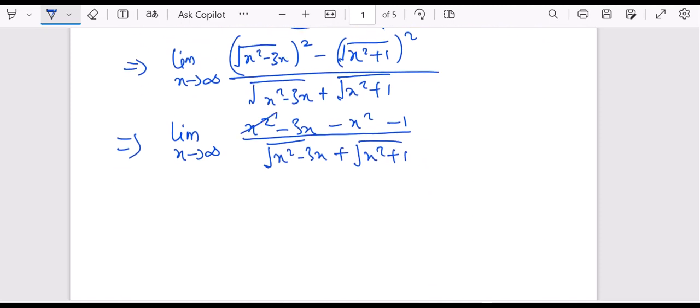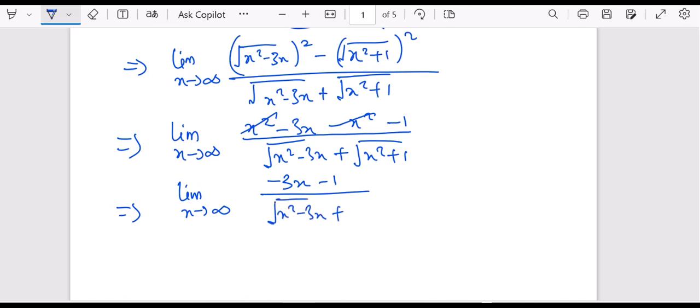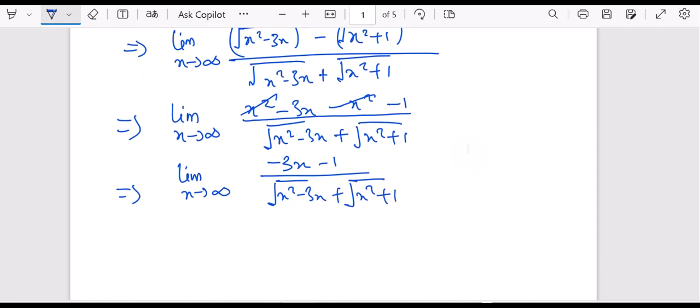And so the x squared terms cancel, and this implies that we have the limit as x approaches infinity of negative 3x minus 1 all over root of x squared minus 3x plus root of x squared plus 1.